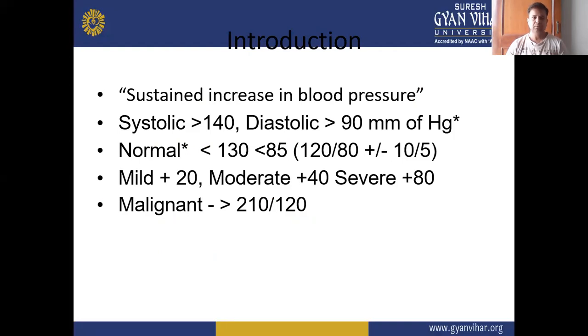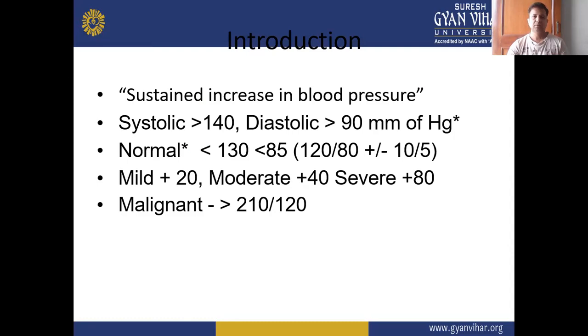Hypertension is a systolic pressure of more than 140 mm of Hg and a diastolic pressure of 90 mm of Hg or more, whereas the normal blood pressure of our body is less than 130 systolic and less than 85 diastolic.